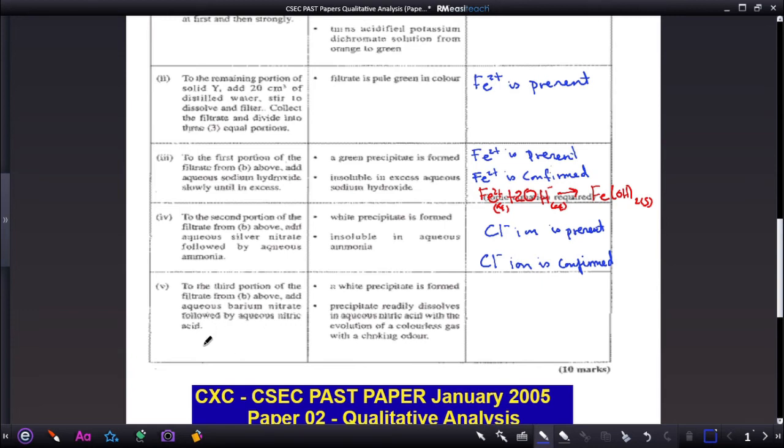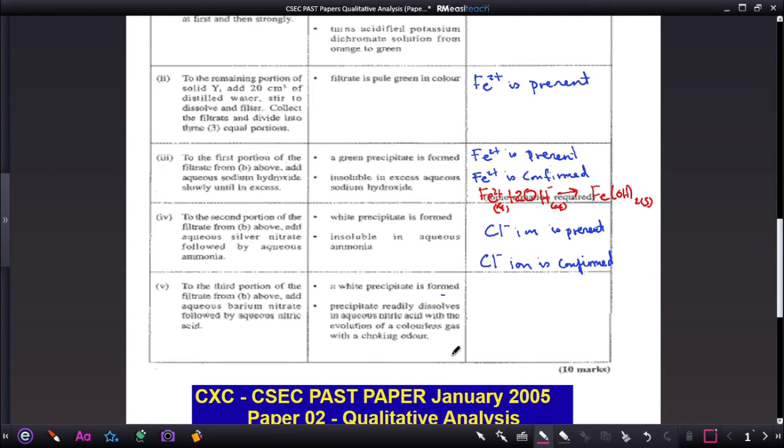Part 5, to the third portion of the filtrate from B above, add aqueous barium nitrate followed by aqueous silver nitrate. And we should expect a white PPT. See, the white PPT is there. And from that white PPT, it is also observed that the precipitate readily dissolves in aqueous nitric acid with the evolution of a colorless gas with a choking odor.